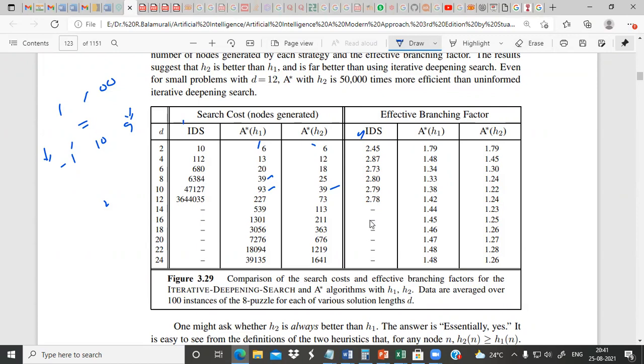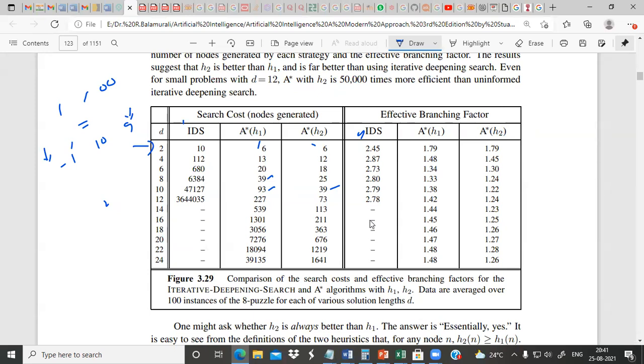So effective branching factor can be calculated for any algorithm. It is just the number of nodes generated to the power of 1 by d at that depth. Here the number of nodes generated is 10 and d is 2, so it is 10 to the power 1 by 3, right?